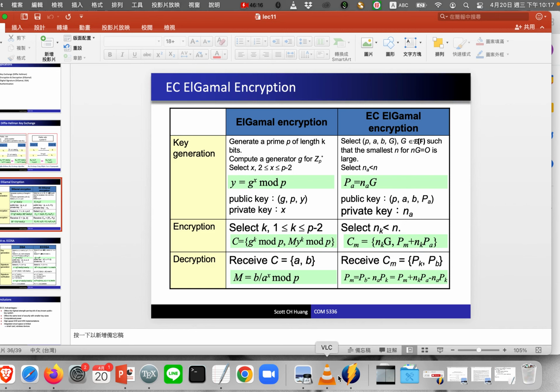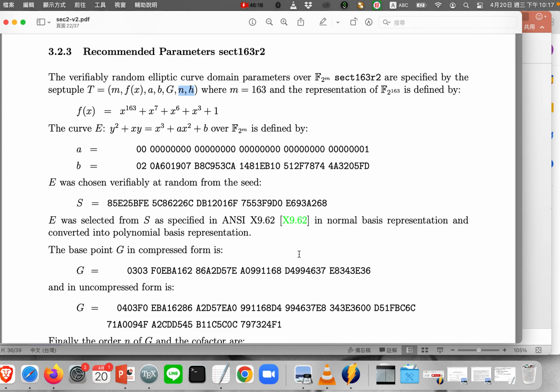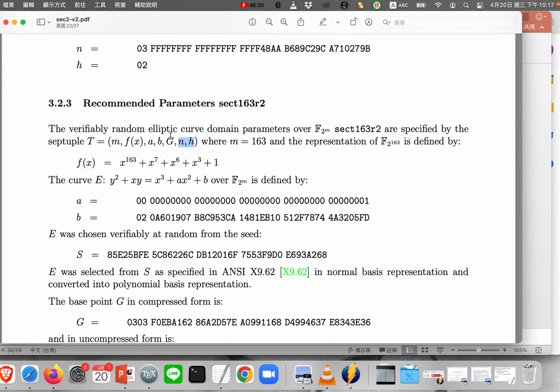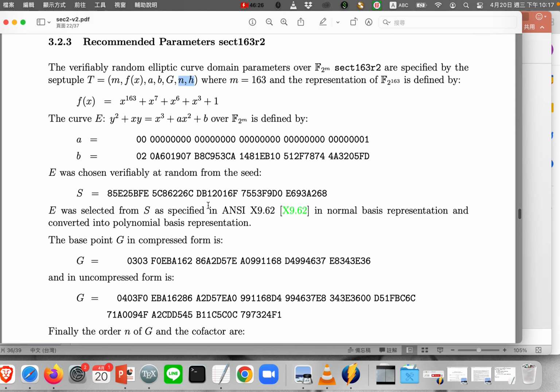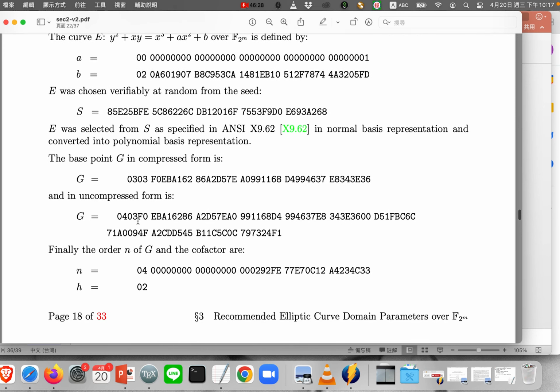So let's go back and take a look at this. Let's say you have the binary number. Whatever binary number you have, what you can do is embed this.